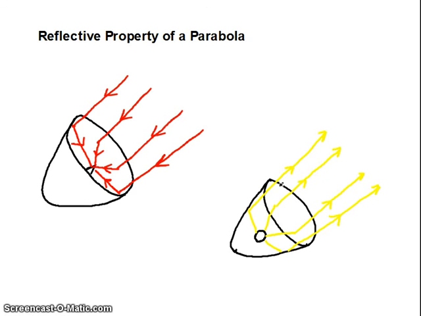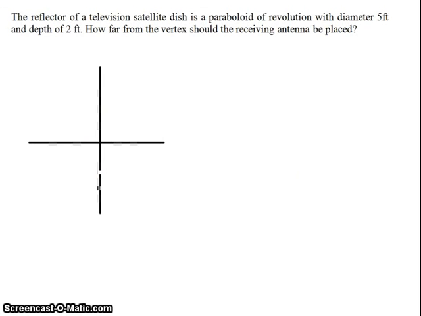So we're going to end this by working on an example that deals with this paraboloid of revolution. The reflector of a television satellite dish is a paraboloid of revolution with diameter 5 feet and depth 2 feet. How far from the vertex should the receiving antenna be placed?